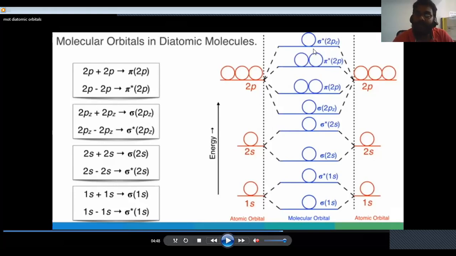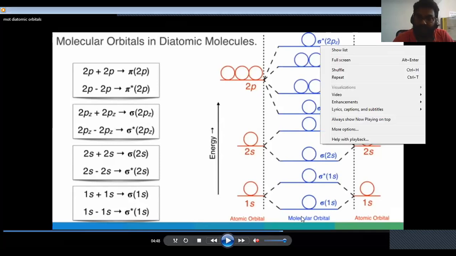That is the last, and this is the increasing order of molecular orbitals.